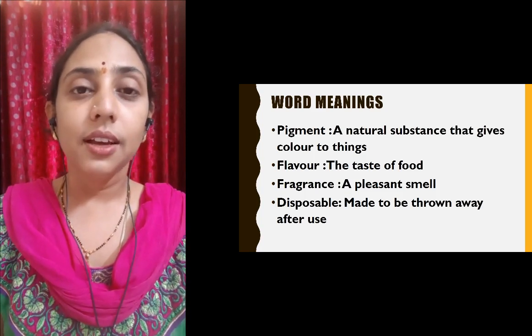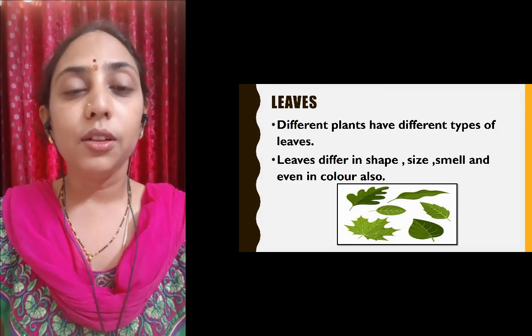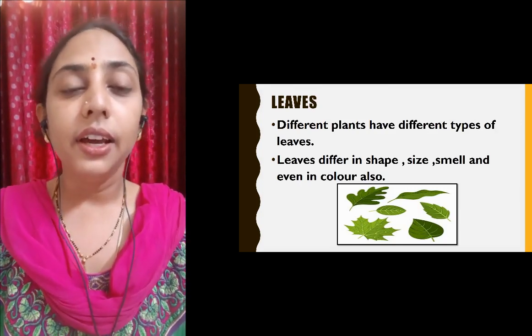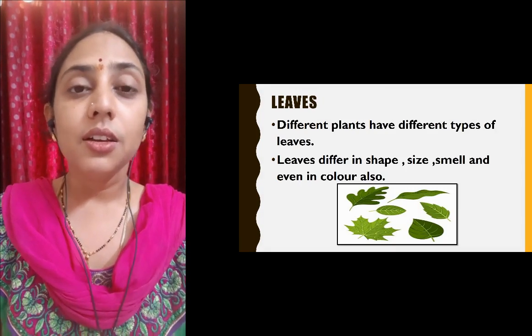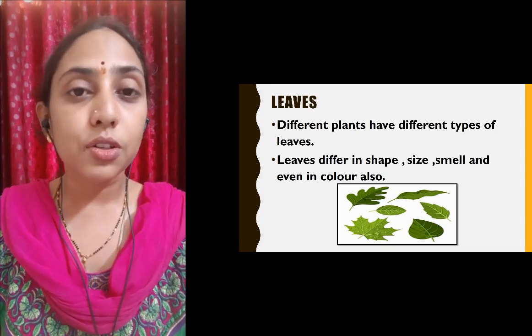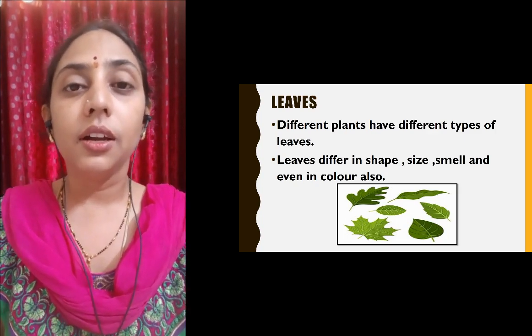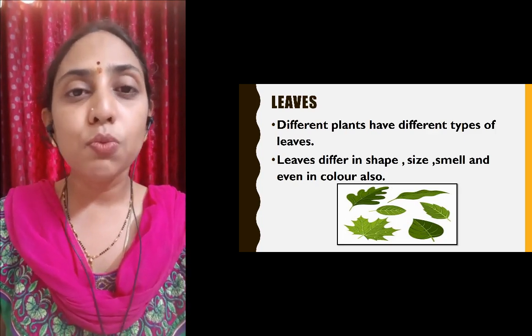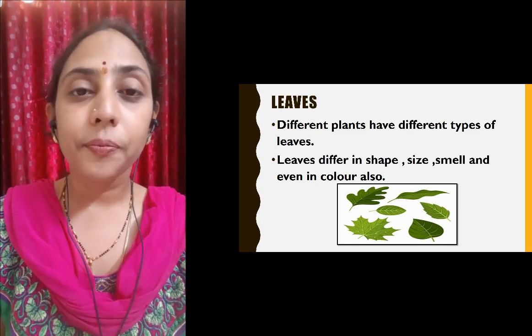So students, we have discussed that leaves are the thing through which we can identify different plants. We can see some leaves are small, some leaves are big, some leaves have a very smooth surface, but some leaves are very rough.